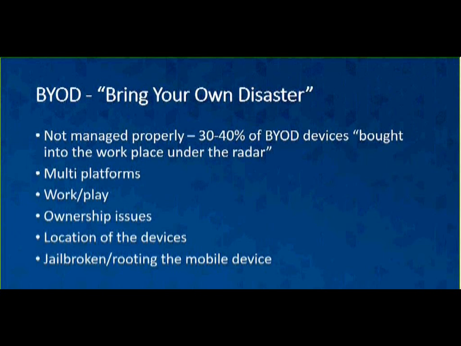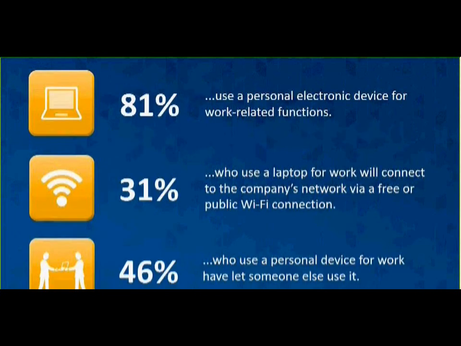And here I have some statistics. They were collected from our US office a couple of years ago, but you can imagine the numbers to be a lot higher now. A staggering 81% of users use a personal device for work-related functions. Almost one-third will connect their device to the corporate network via a public Wi-Fi, which, as we've learned before, can be pretty dangerous.